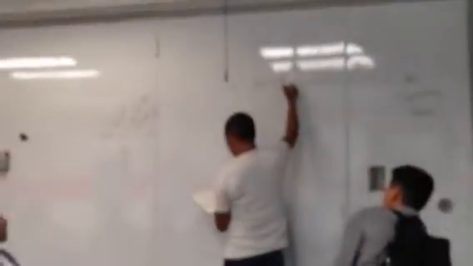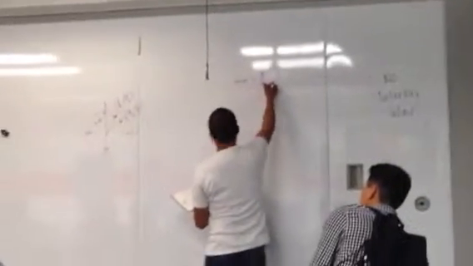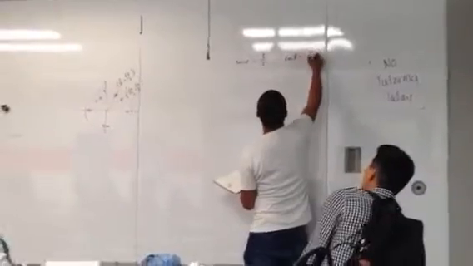If sine of alpha equals 3 over 5, and let's say cosine of beta is equal to 12 over 13.